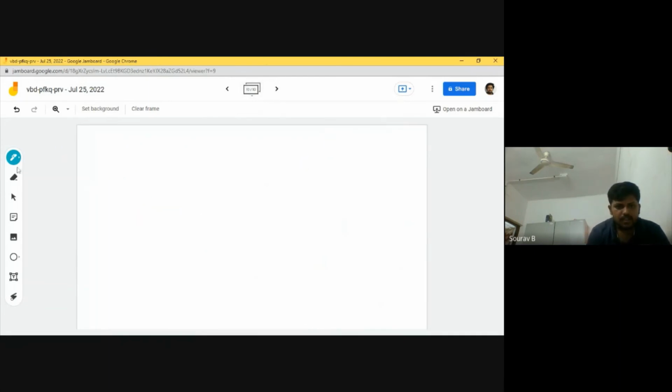Now you will be given a function y equal to f(x), and you will be asked to find y equal to mod f of x. So how can you find this out?